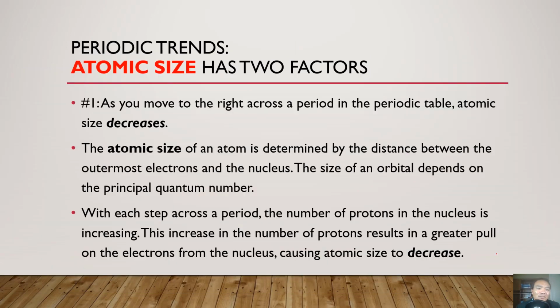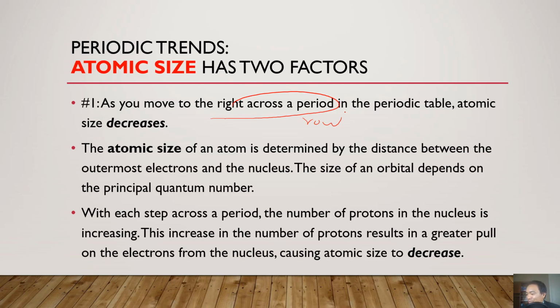So one periodic trend we know of is the atomic size. When you look at the periodic table, in the same row, or the same period, from left to right, atomic size will decrease.